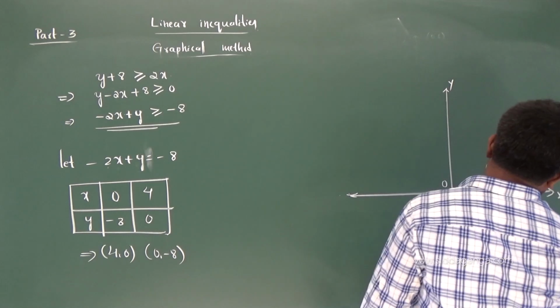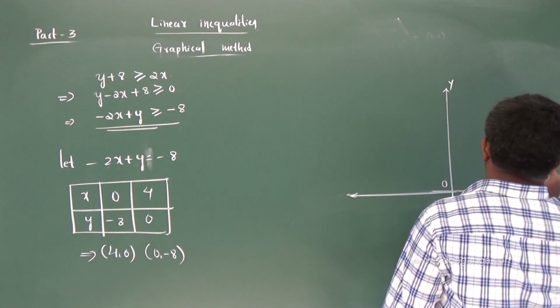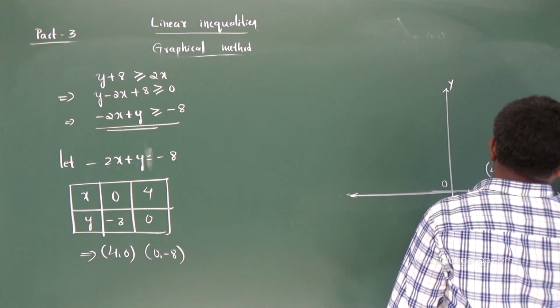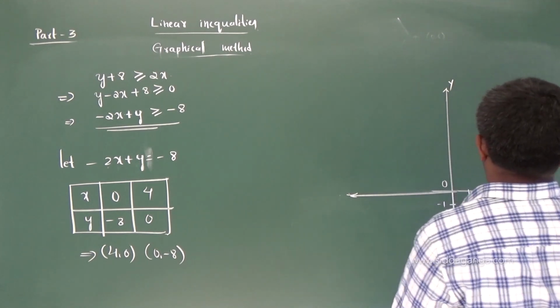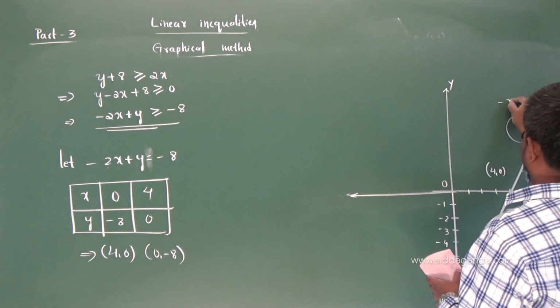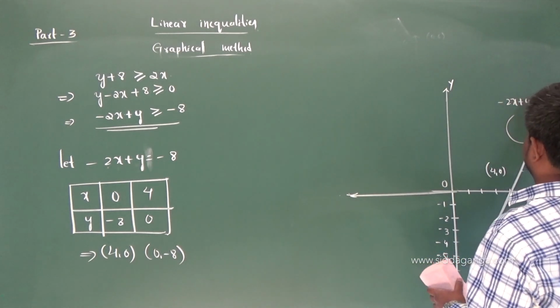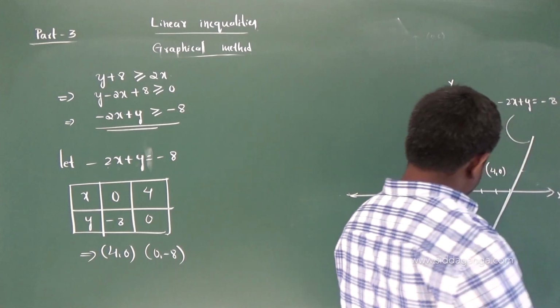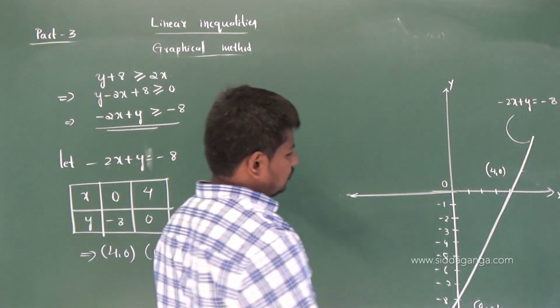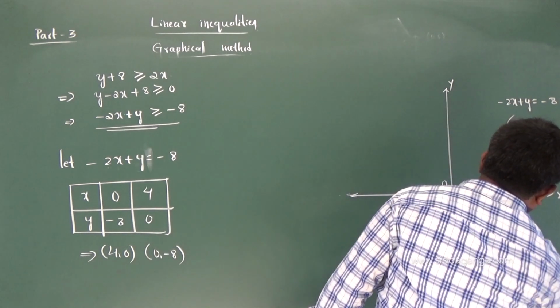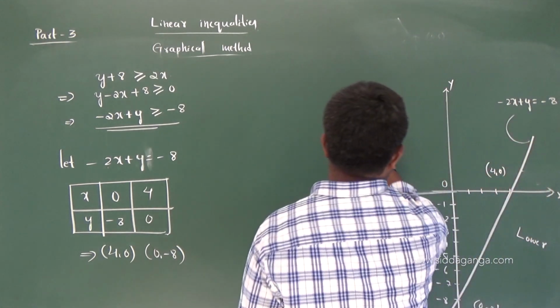This is your line, minus 2x plus y is equal to minus 8. Then this divides the plane into two parts: this is the lower half plane, this is the upper half plane.